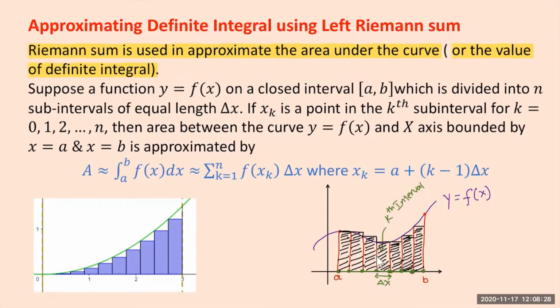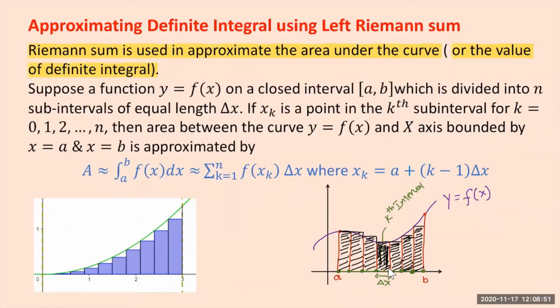So if I want to find the area of this rectangle in the kth position, if x of k is the point here, the height of the rectangle is the value of the function. So the area of this kth rectangle in the middle, let me make it a little darker so that it will be more clear.